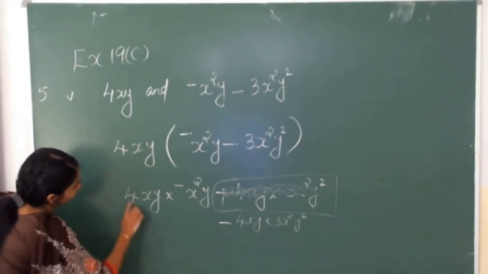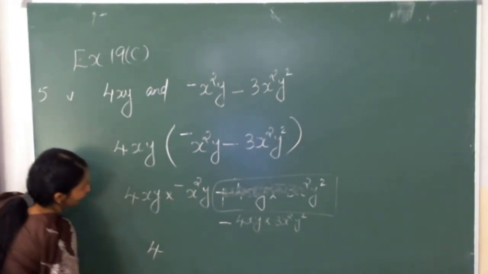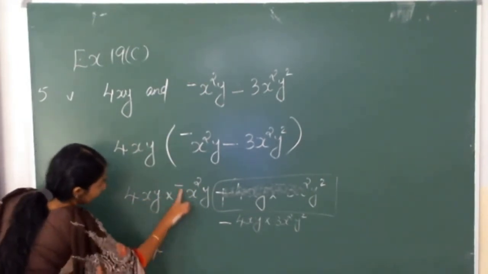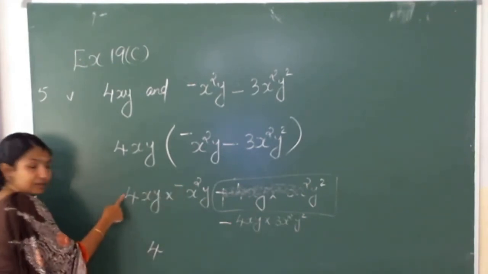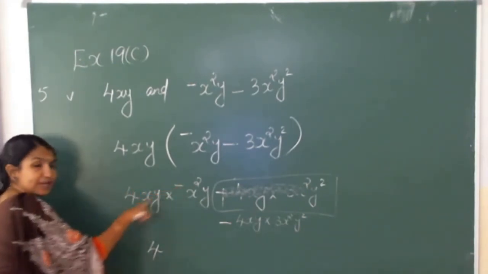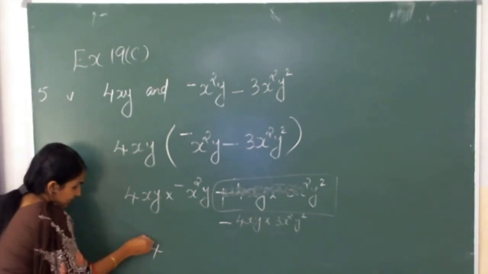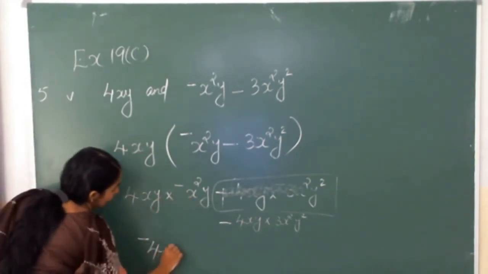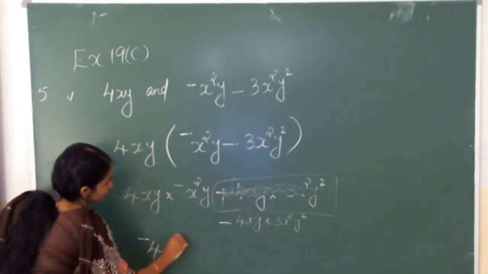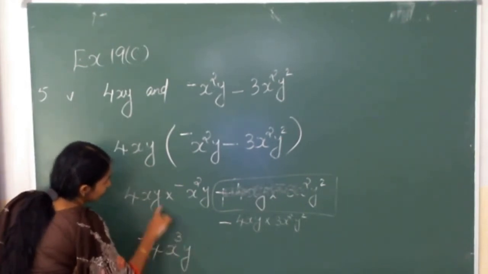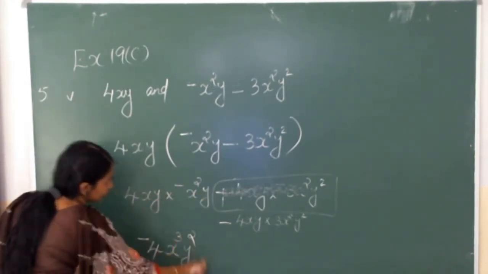Now, multiply them. We got 4. Here one negative sign is there and here it is a positive one. Positive into negative, negative. So, negative 4. X raised to 1 plus 2 is 3. Y raised to 1 plus 1, 2.